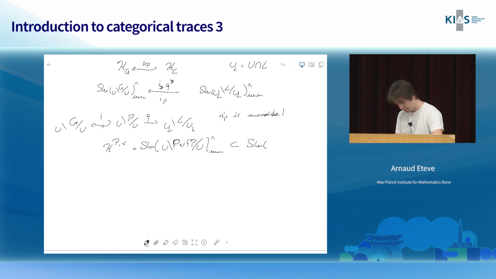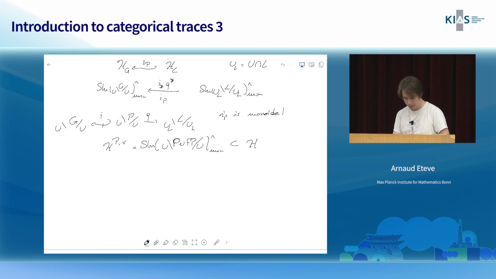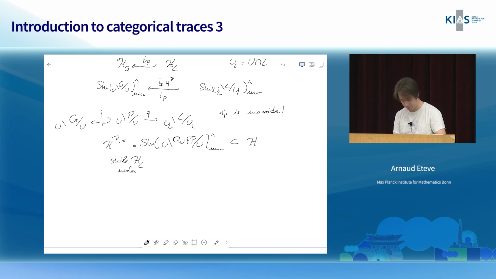It's a subcategory which is in the full Hecke category of G, and it's a category that is stable under H_L, acting by either left translation or right translation composed with Frobenius.